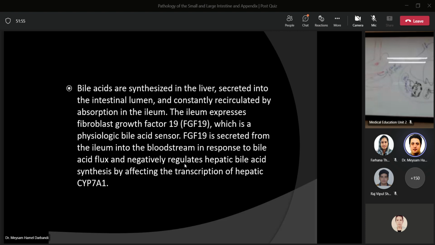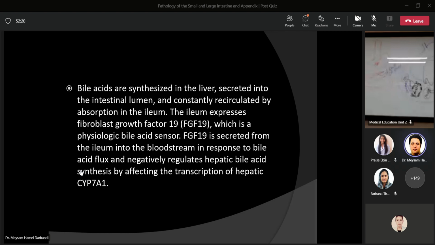You tell me, what are the components of bile? Water is one, cholesterol is two, what are the others? It's bilirubin, right? Very good.